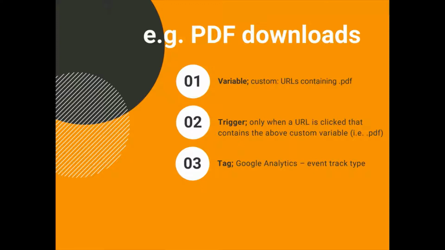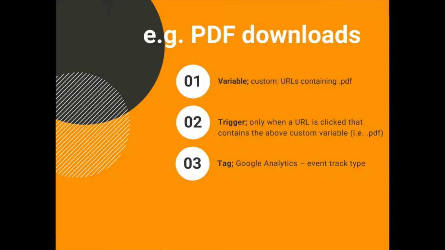And the tag in this instance, we use the Google Analytics tag again, and it has a specific event track type. So essentially, we're giving Google Tag Manager the elements that Google Analytics event tracking needs, and it's generating that script and sending the information to our Google Analytics accounts as required.